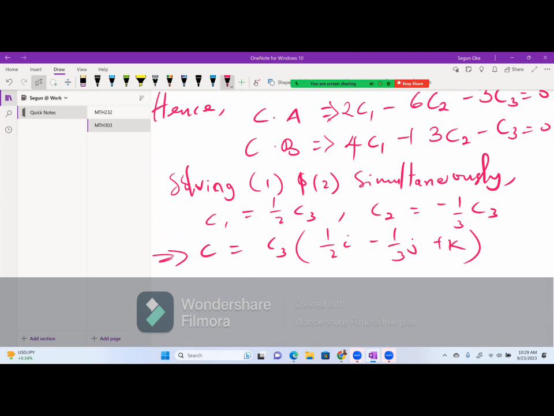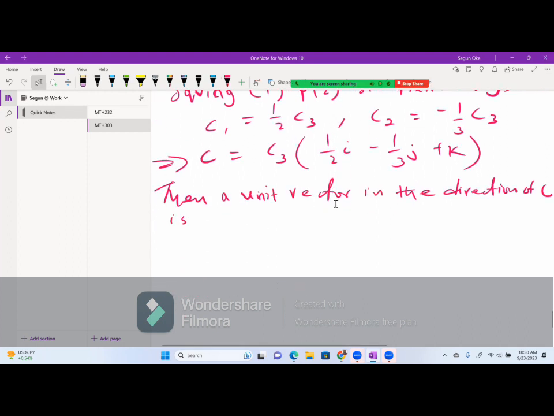Then we can now find the direction. A unit vector in the direction of C. So remember, it's a unit vector in the direction of C. We can now look at it together.